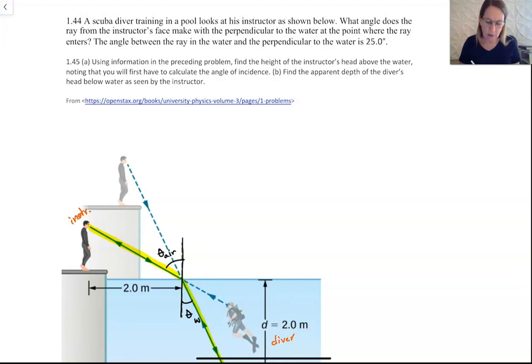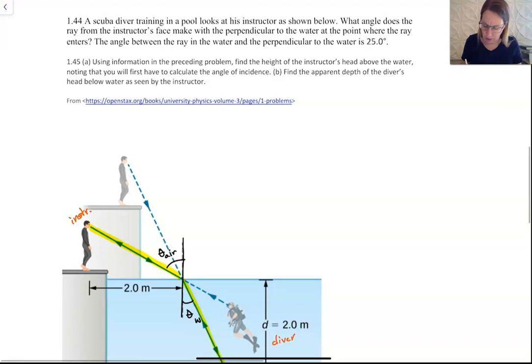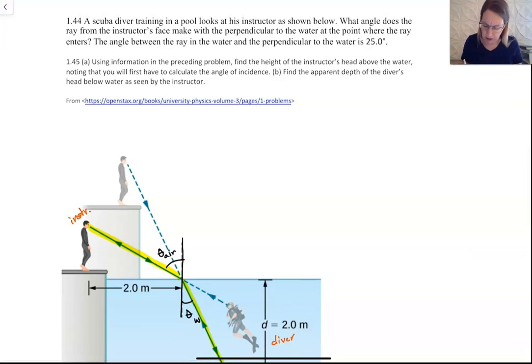That would be what I've labeled theta air, where the ray enters. The angle between the ray and the normal in the water is 25 degrees. So in this diagram, theta water is equal to 25 degrees, and that's pretty much to scale. The question is, what is theta air? That's question 144.